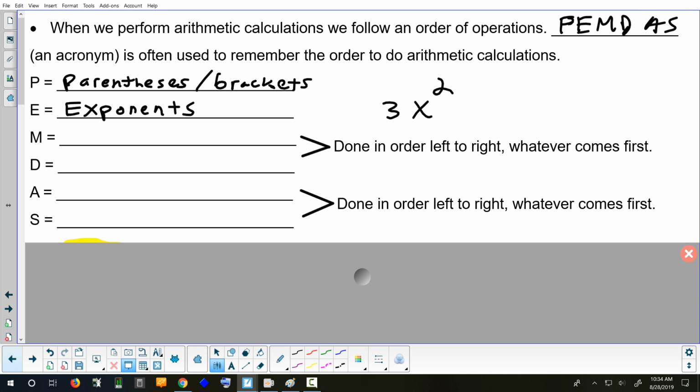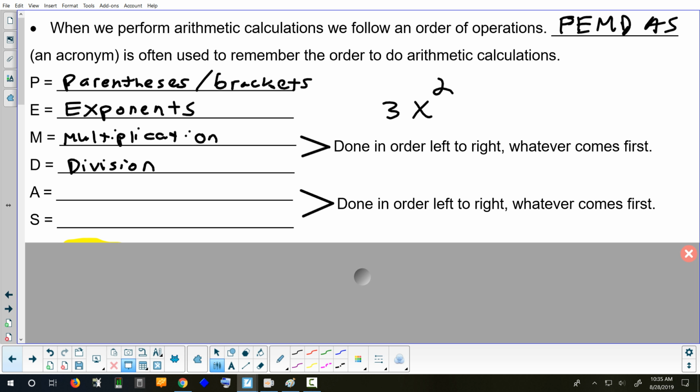How about M? We're getting into our 4 operations that we just talked about. Multiply. And the operation that goes with multiplication, because it's the opposite of it, is division.